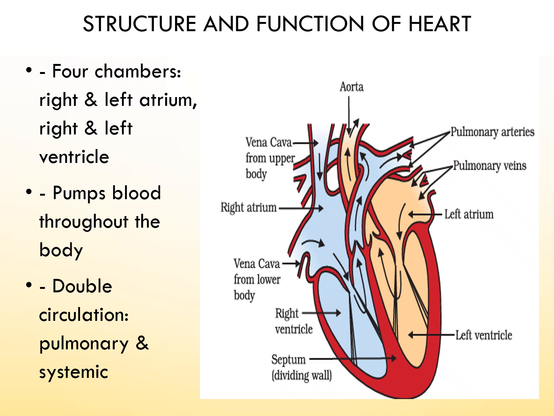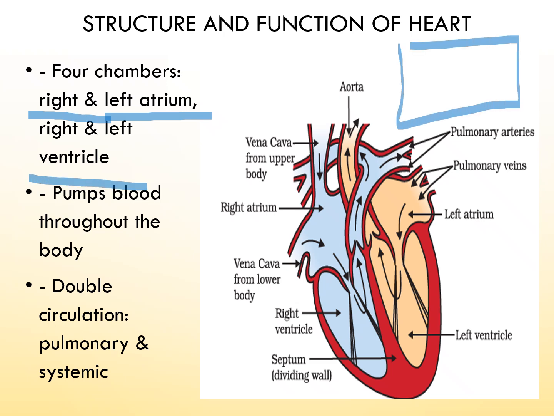It has two atriums, left and right atrium, and left and right ventricles. If we consider it like a box, the upper two chambers will be atrium and the lower two chambers will be ventricles.